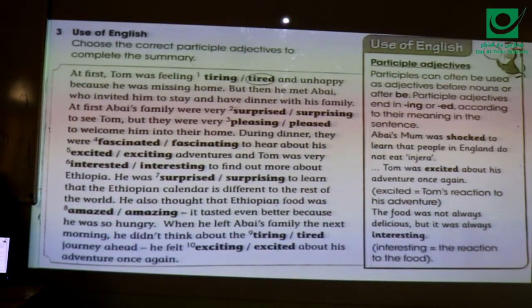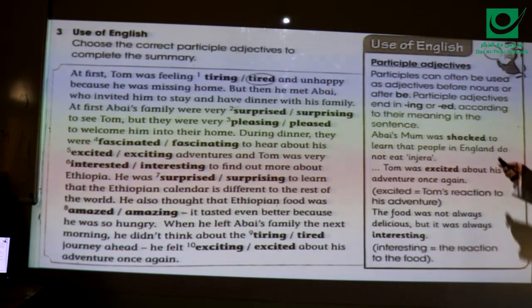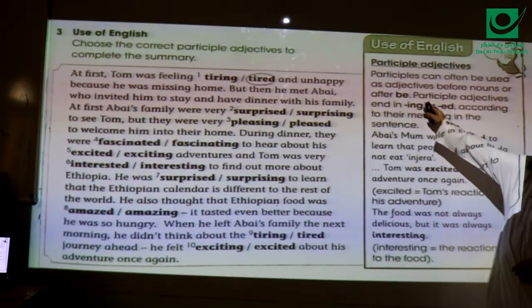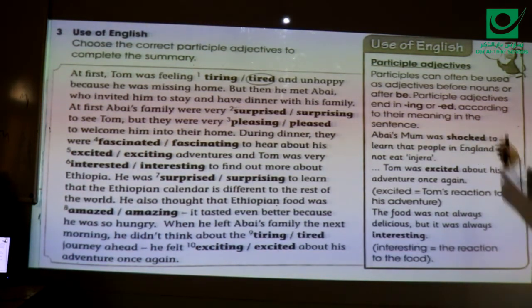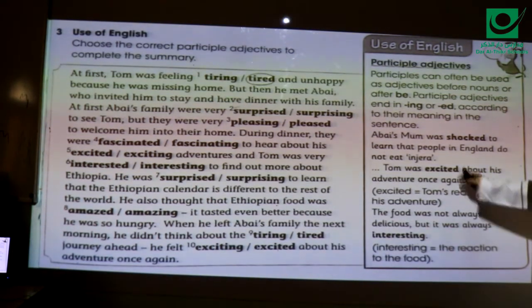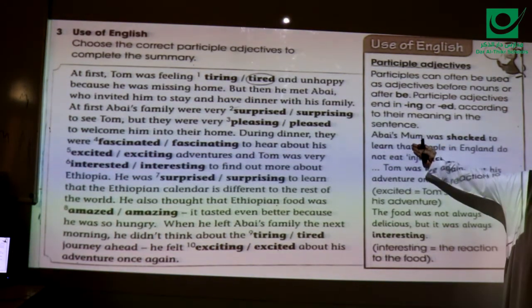Now, students, moving to Use of English, if you remember, we talked about participle adjectives with -ed and -ing. We said participles can often be used as adjectives before nouns or after the auxiliary verb to be. Participle adjectives end in -ing or -ed according to the meaning of the sentence, and according to the feelings of the person.